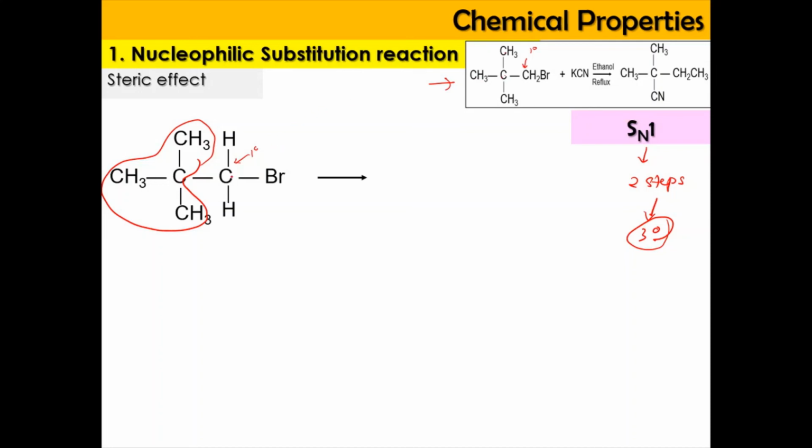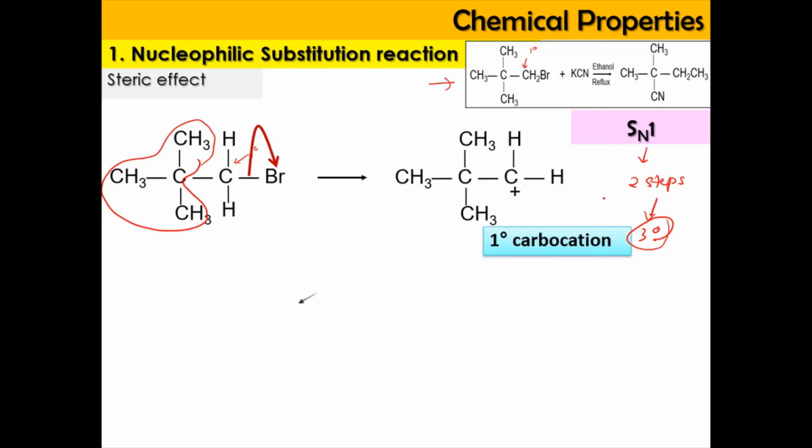So the C–Br bond is first going to break apart, and this causes the carbon here to have a partial positive charge due to the formal charge. You can count the formal charge on your own. The Br here is going to carry a negative charge, and this causes the carbon to be a primary carbocation.